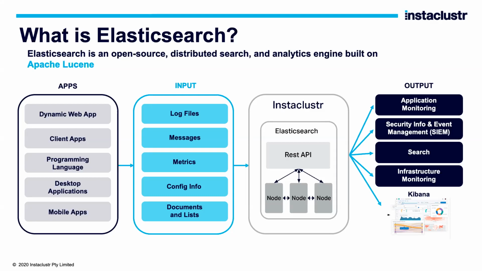As you can see in this diagram, Elasticsearch is not limited to one type of use case. We could have Logstash getting logs data, or we could be sending messages, which could be chat information or tweets and other stuff. We could put that into Elasticsearch and do searching against it. Or we could be sending metrics data. For example, programming languages, servers, or applications producing metrics, we can push that into the Elasticsearch cluster and it can be used for monitoring, as you can see on the right side.